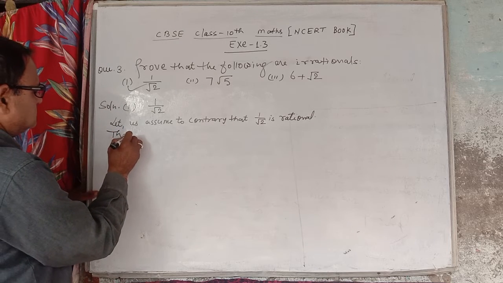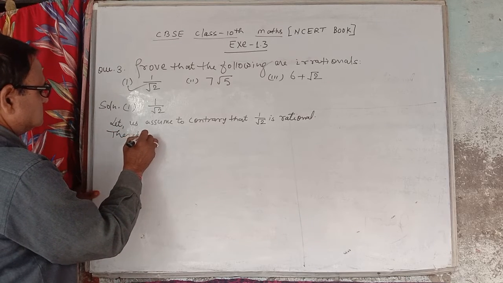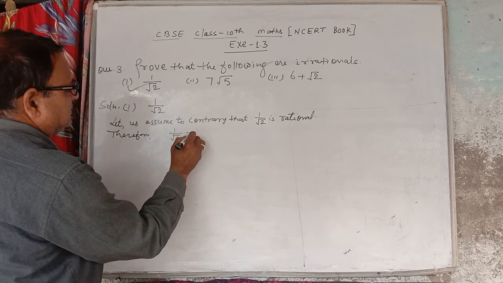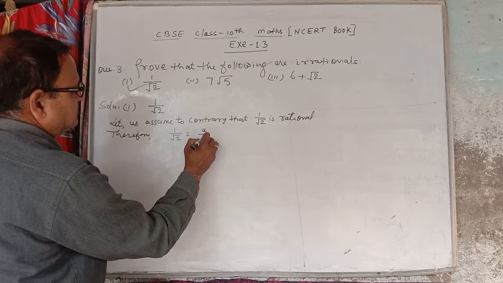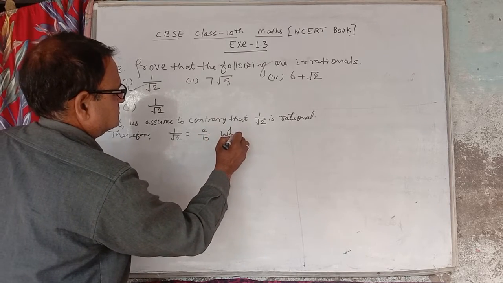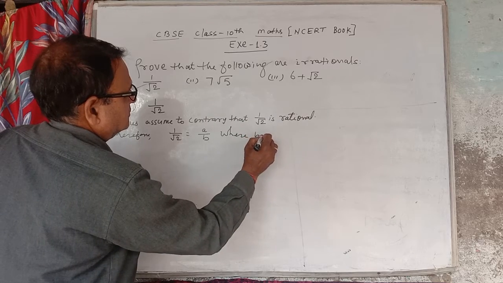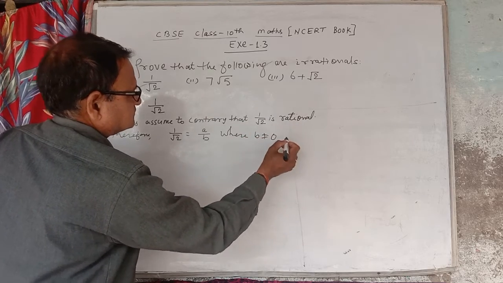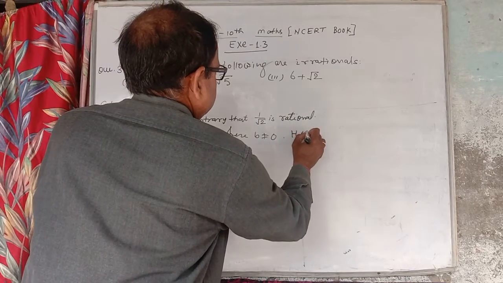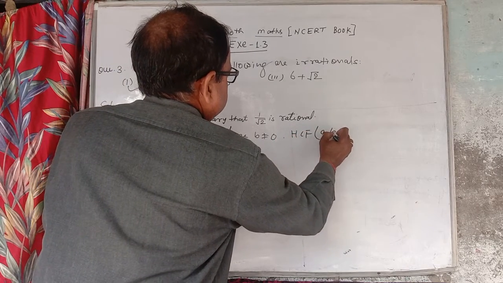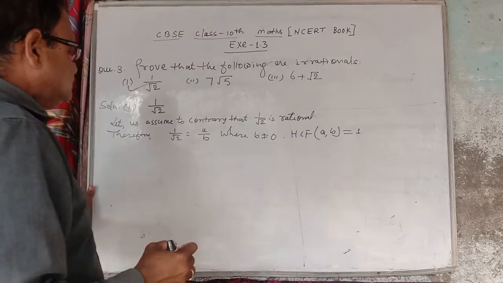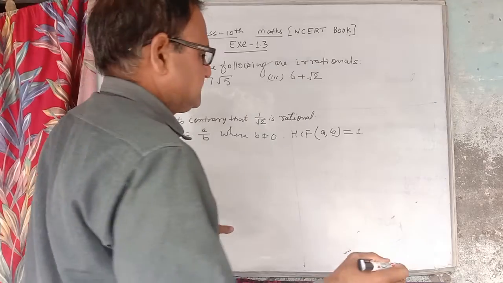Therefore, 1 by root 2 may be written in the form of a by b, where b is not equal to 0 and HCF of a and b is equal to 1, means a and b are in their simplest form.